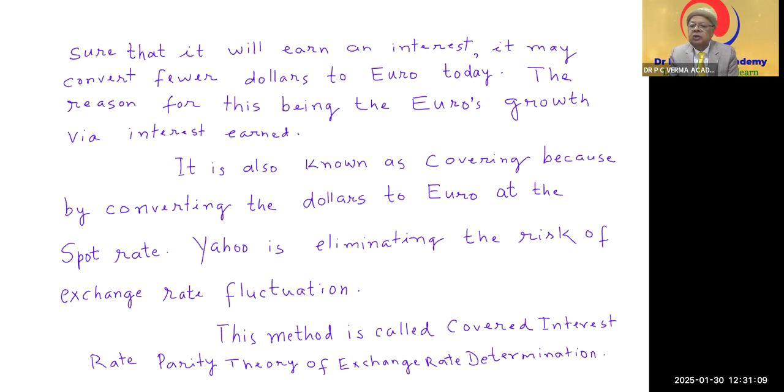I am Dr. P.C. Verma, economist. I have been teaching economics from 1973 to 2025. I had been professor of economics under Patna University. I have taught so many institutions as a guest faculty. For example, in Science College, I taught PGDAS students. PGDAS means postgraduate diploma in actuarial science.